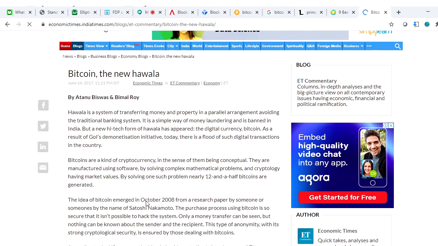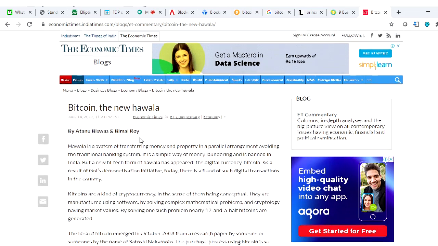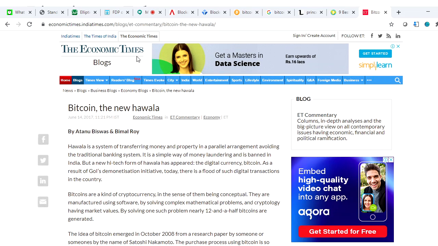Bitcoin, the new Hawala. This particular article was written in the Economic Times, which is India's leading newspaper on economics and other financial aspects. This article was written by Anantu Biswas and Professor Bimal Roy. Professor Bimal Roy sir is the retired director of the Indian Statistical Institute.